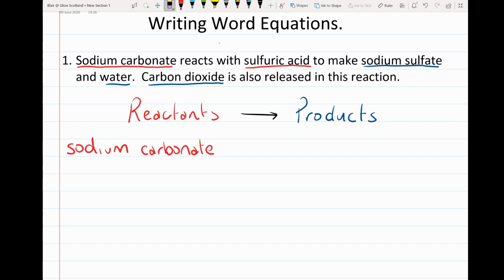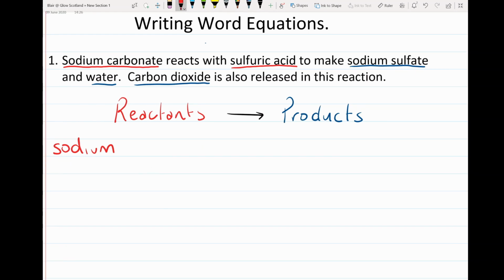So what I would probably do at this point is I would think actually the easiest way for me to do this is for me to write sodium carbonate with the carbonate underneath the sodium. I'm going to put a plus because I've got more than one reactant, and my second reactant is sulfuric acid, and I'm going to do it like that. Now you can see that what I've done is I've left myself loads of space on the right hand side for me to be able to write down my products.